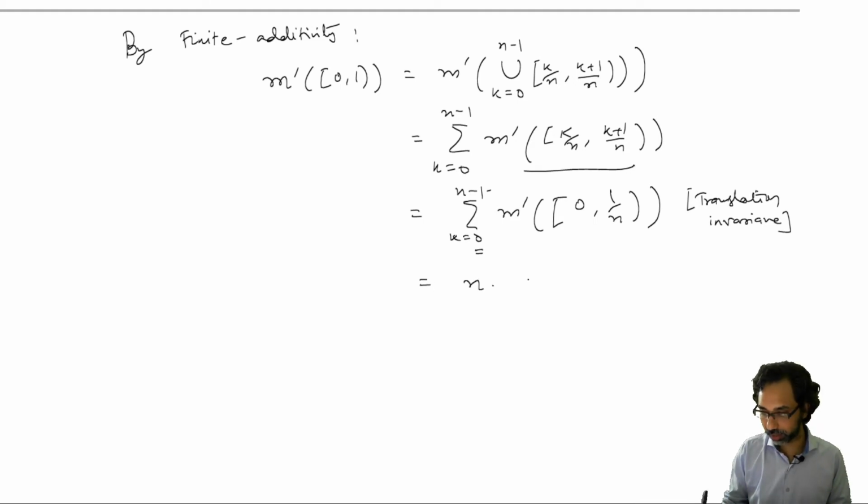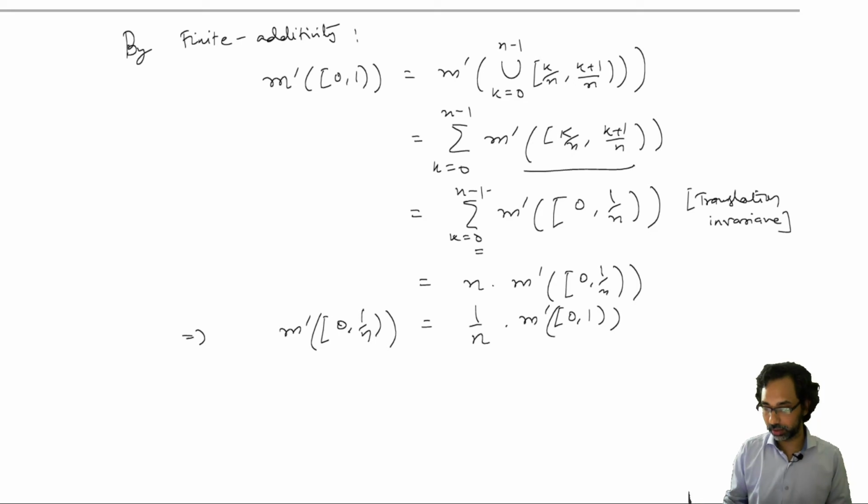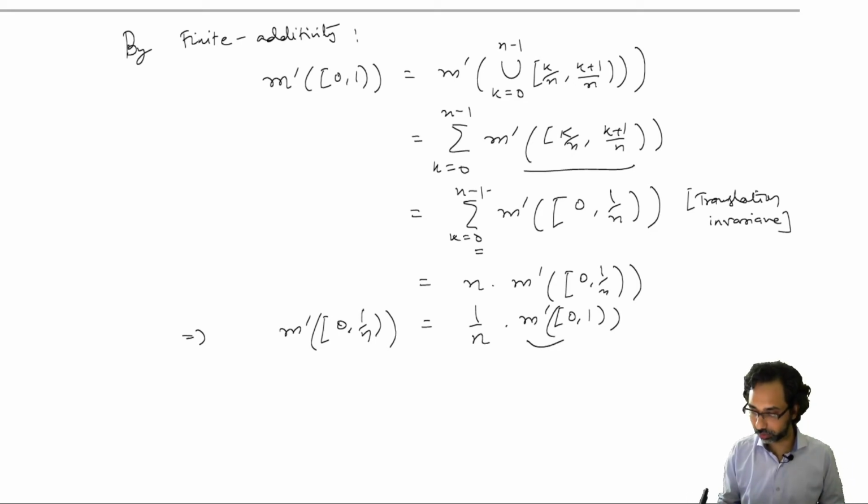Therefore this is n times m prime of 0, 1 over n. Therefore we get m prime of 0, 1 over n is equal to 1 over n times m prime of 0, 1.